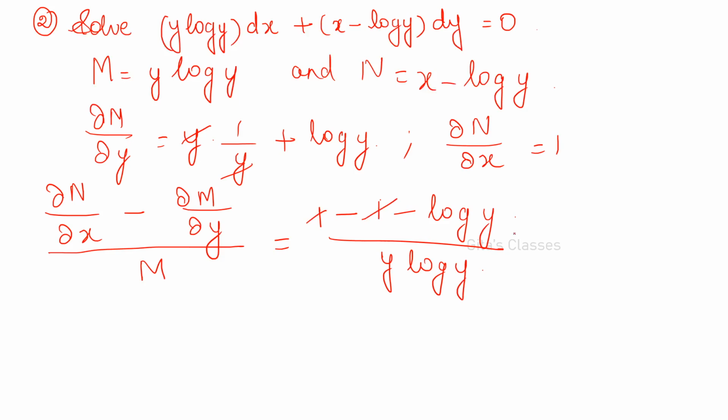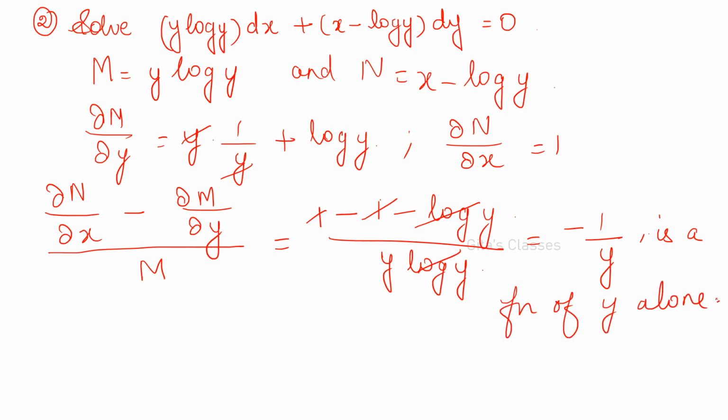So 1 and 1 will get cancelled. You will be getting log y and log y will be cancelled. Minus 1 by y. It is a function of y alone, right? Did I miss one minus? Correct one.